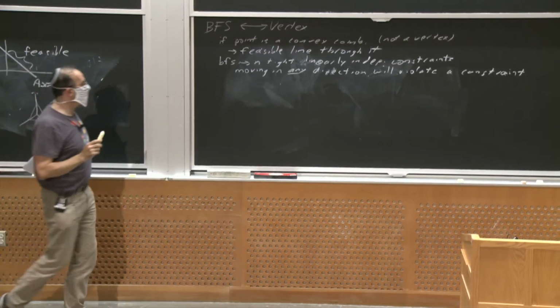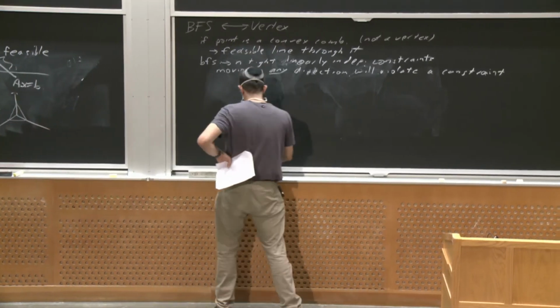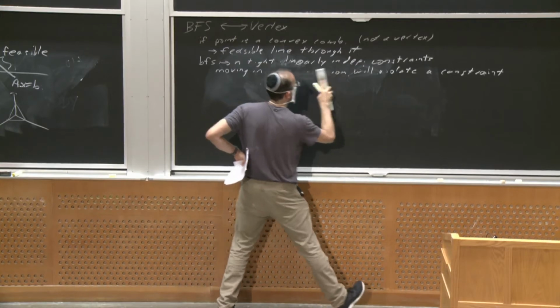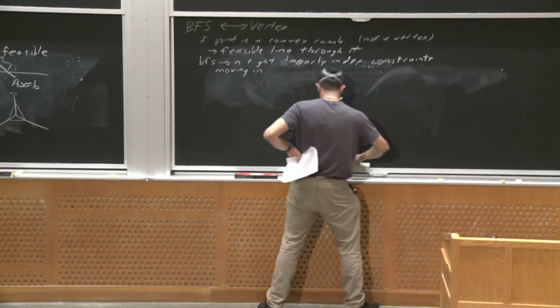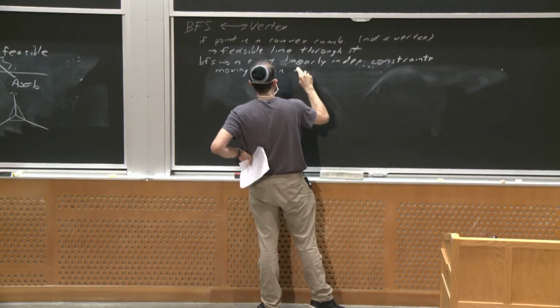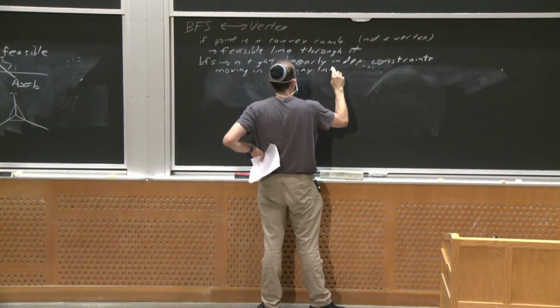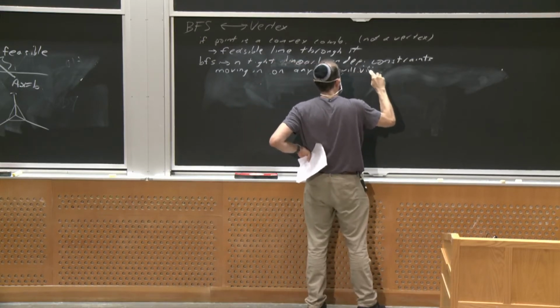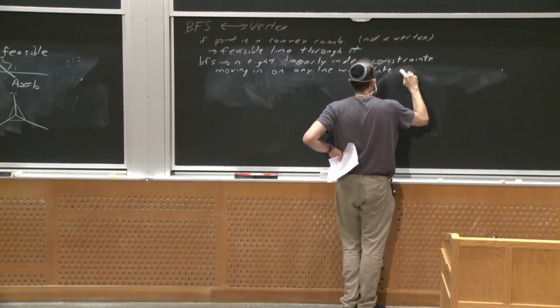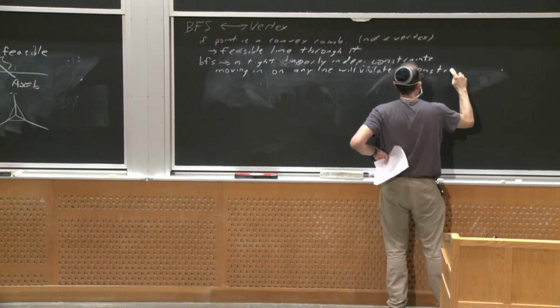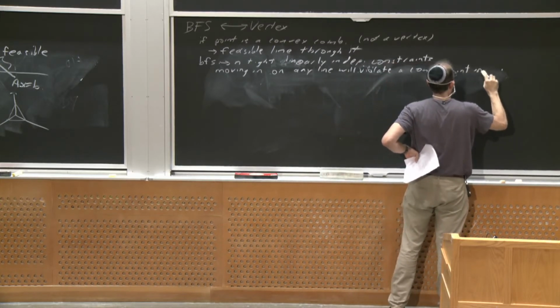Okay, sorry, that's not correct. Moving on any line will violate a constraint in one direction.